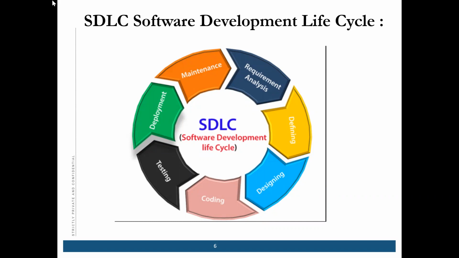Then we have a maintenance phase, which is also important. After deployment, you maintain and check whether the project is working fine or not. So these are all the different phases of SDLC. Okay, any doubt in this?